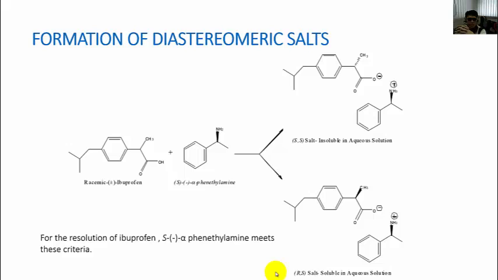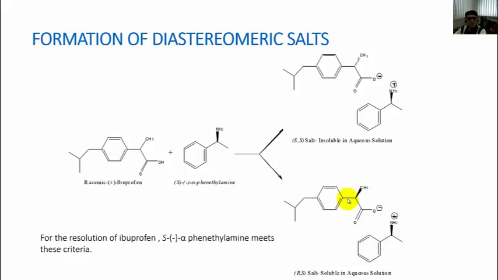And these two salts have very different solubility properties, which makes them easy to separate. The SS ibuprofen phenylethylammonium salt is insoluble in water and quickly precipitates from solution. The other, RS ibuprofen phenylethylammonium salt is water soluble and stays in the solution.